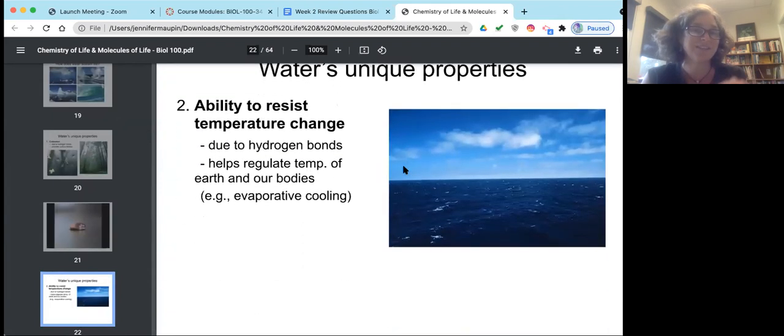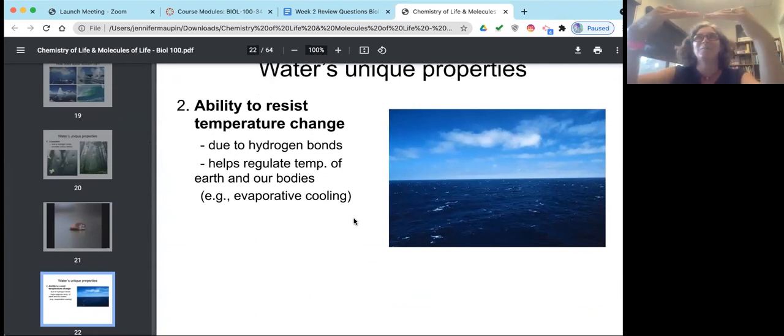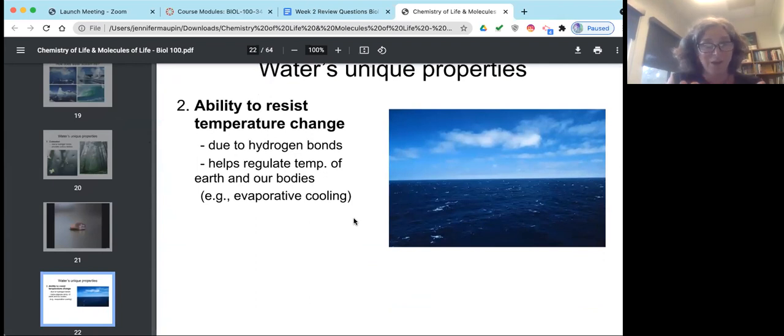The ability to resist temperature change. The reason we would absolutely say this is hydrogen bonds is that if you have a skillet or a pot of water on the stove, when you're heating that up, the metal pot is going to get hot a lot faster than the water itself does.